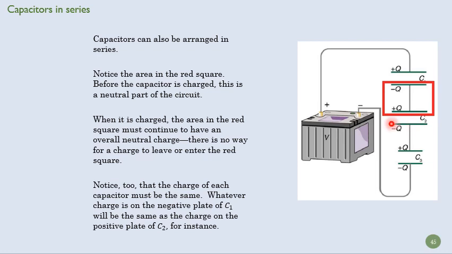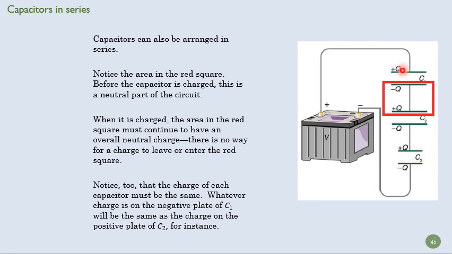And if this is negative 10, then this has to be positive 10, right? And if this is positive 10, this has to be negative 10, okay? What that means is all of these Q's are going to be equal, opposite in sign in some cases, but equal in magnitude. It can't be any bigger than the smallest Q.